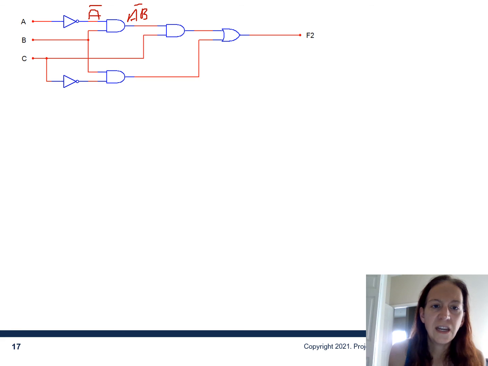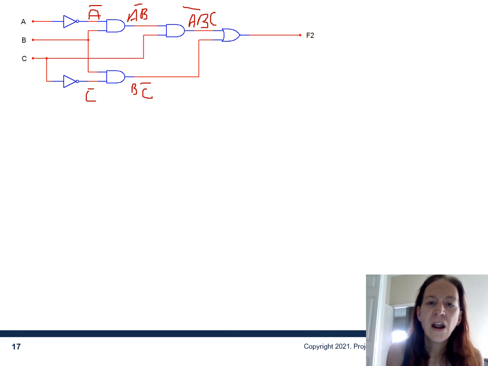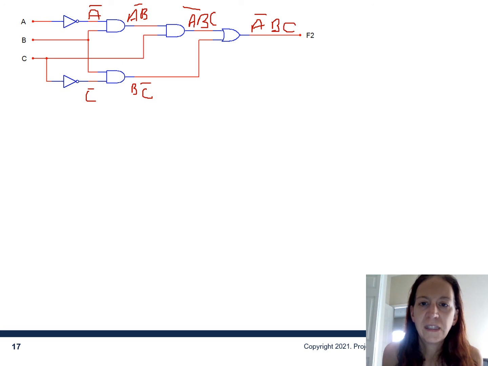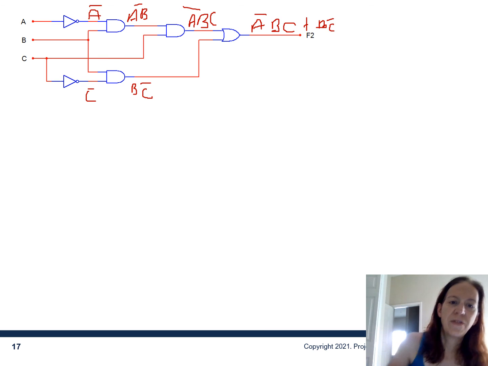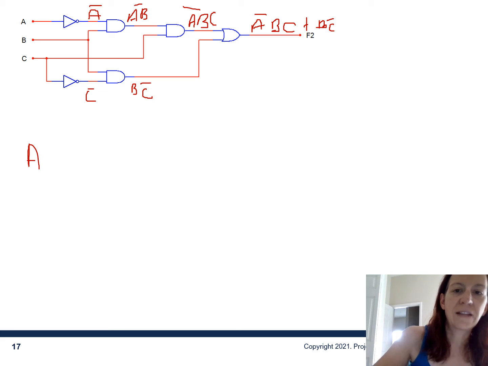Here, we have C coming in, and so they're going to get ANDed together to give us A bar, B, C. Here, this is inverting C, which is going to give us C bar, and this is tied to B, so this is going to be B, C bar, and then our output of the whole thing is added together, so A bar, B, C, plus B, C bar. Then we need to do our truth table. So that's our logic expression right here.